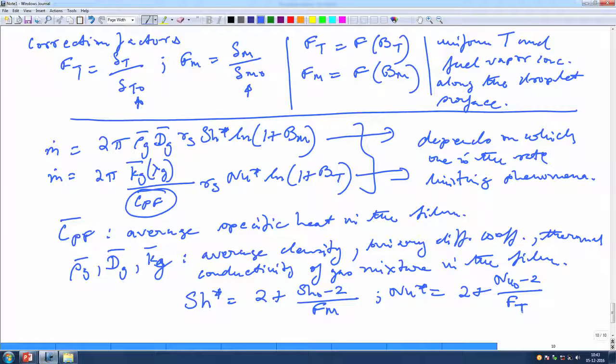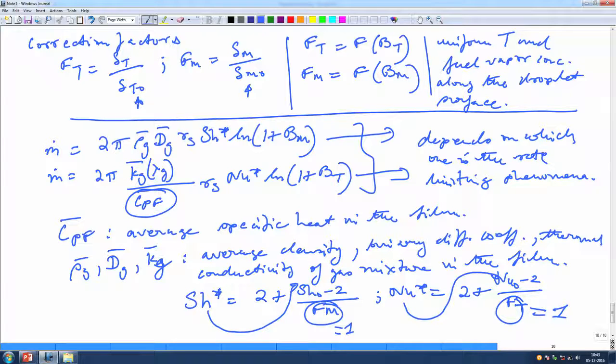So, you can imagine that when there is no surface blowing effect, this becomes the same as the Nusselt number 0, right. This also becomes the same as this. So, when there is no evaporation means Fm is equal to 1, Ft also will become equal to 1. So, naturally what happens when this becomes 1, this 2 and that 2 get cancelled, you are left with the Nusselt number 0, right. That means it is the same as a non-vaporizing sphere, which is quite obvious, right.